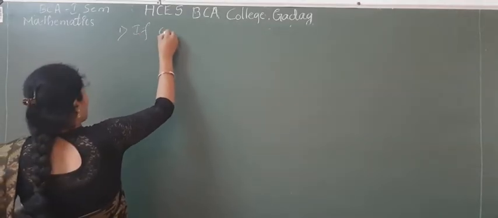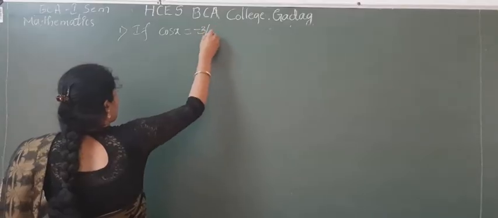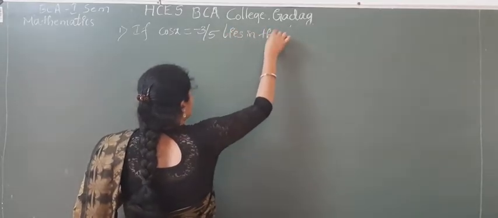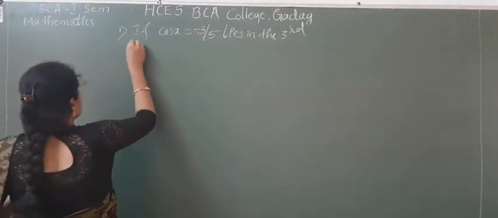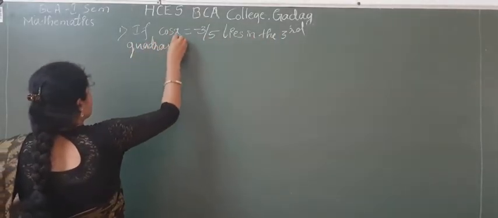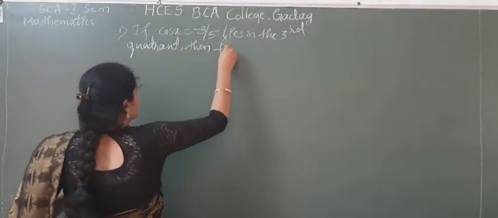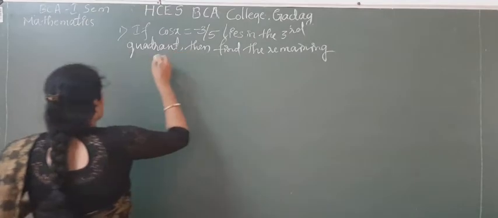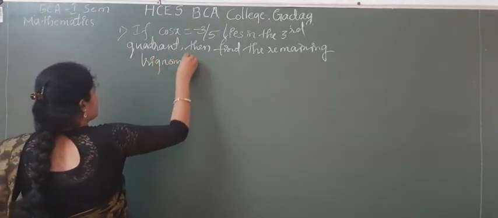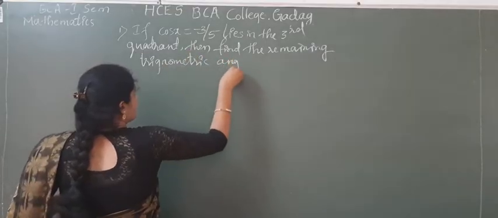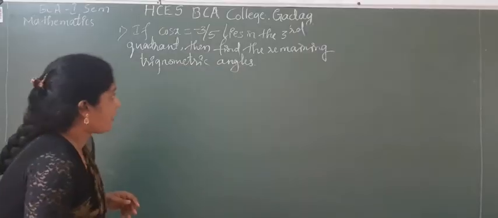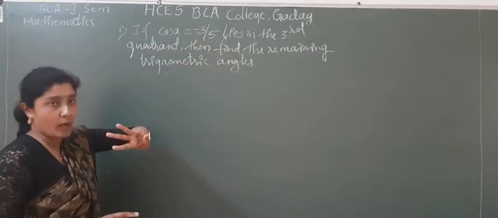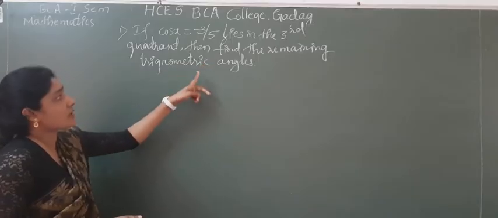So here the question is, if cos x is equal to minus 3 by 5 lies in the third quadrant, then find the remaining trigonometric ratios.